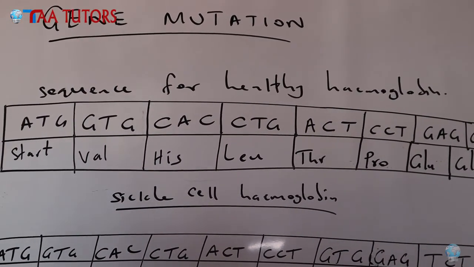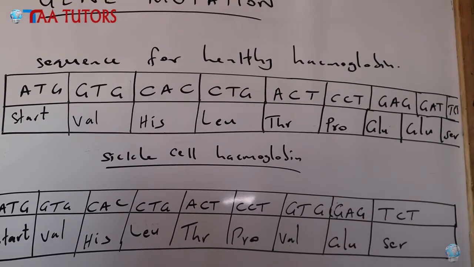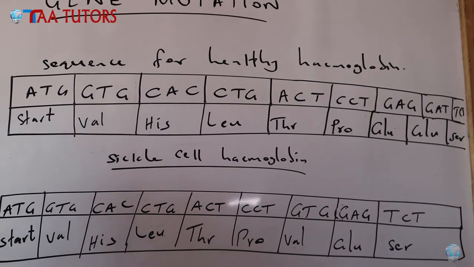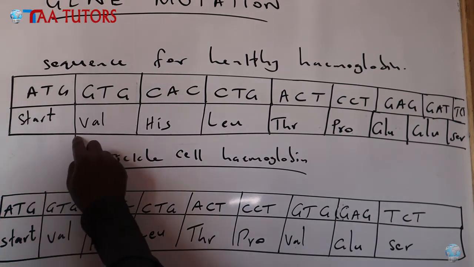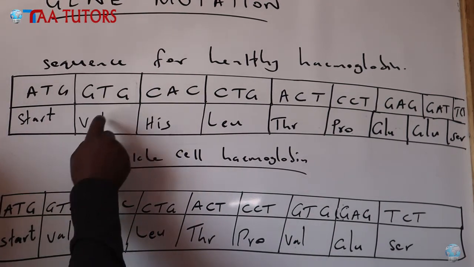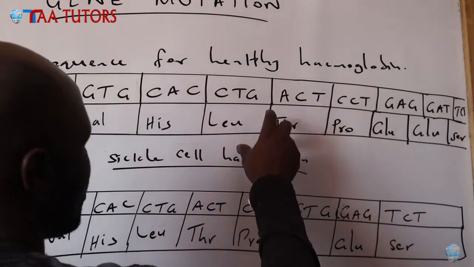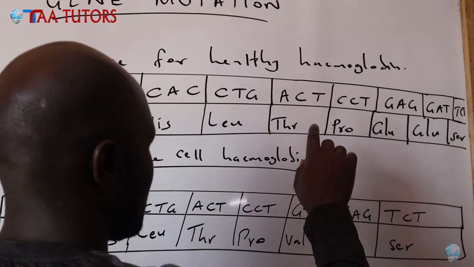In the process of protein synthesis, the protein that gives us the normal hemoglobin in a person comes from collecting all the amino acids, this is what we should be having. This is the code for the amino acids. If we collect all the possible amino acids, we have the normal or healthy hemoglobin in this individual.